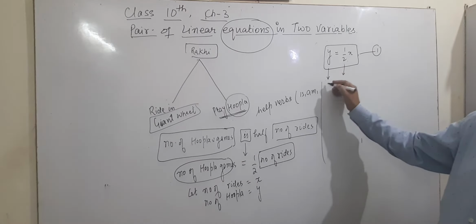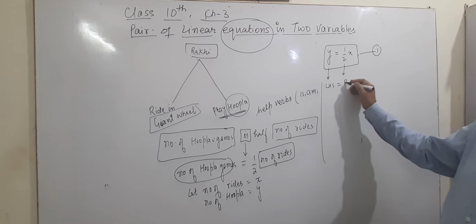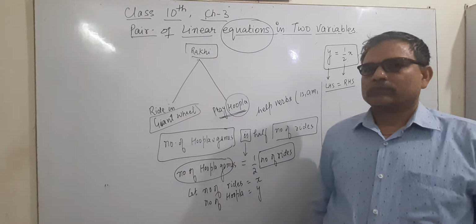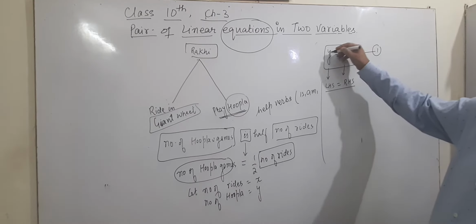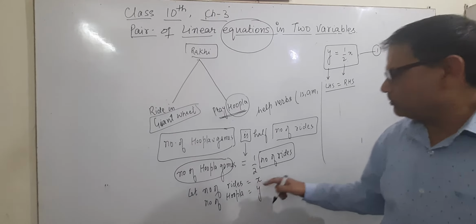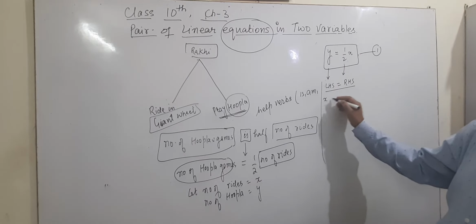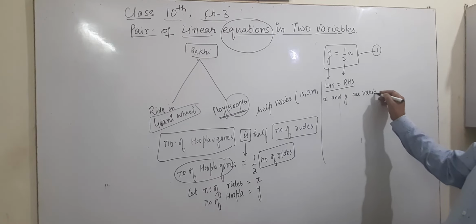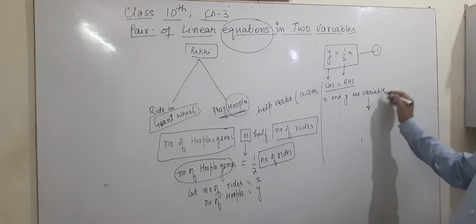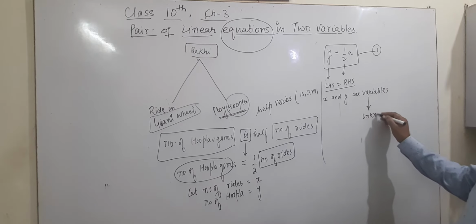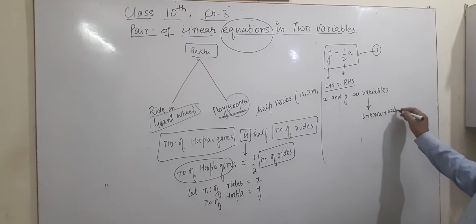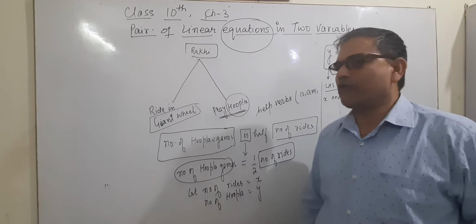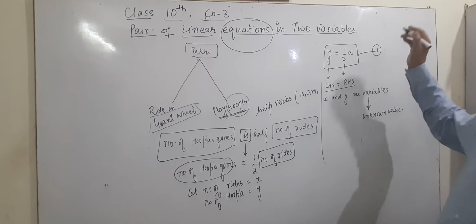And these two sides, LHS and RHS, are always equal, which forms the equation. And here x and y are unknown values, therefore they are variables. X and y are variables, and these variables are unknown values. We don't know what the value of x is, what the value of y is. This is equation number 1.